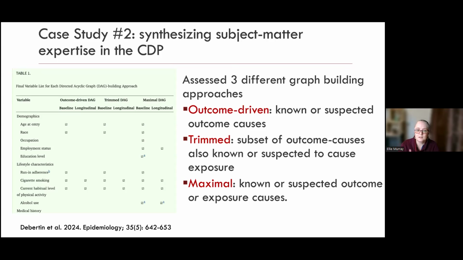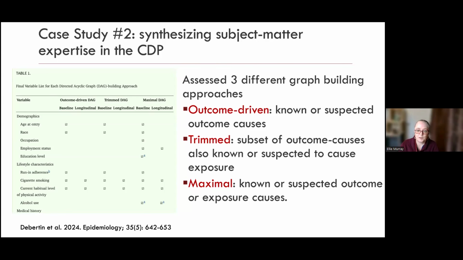The second approach that we tried, we call the trimmed approach. We took that outcome-driven approach and then limited it to the subset of variables that were also known or suspected to cause exposure. Here, exposure, again, is medication adherence.